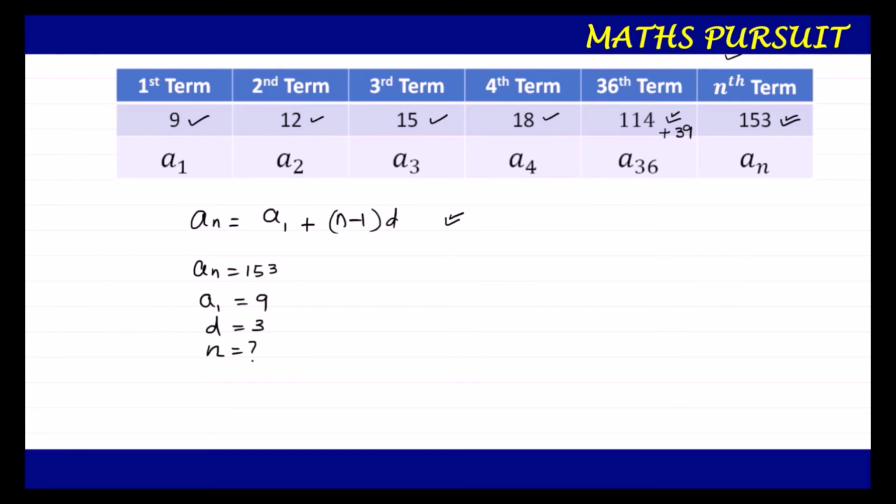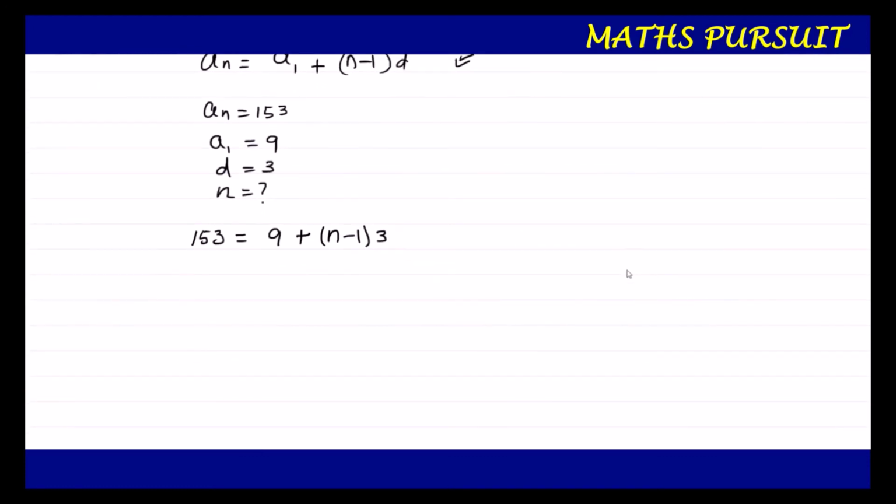So I am going to replace an with 153. So I can write 153 is equal to a1 is 9 plus n minus 1, we do not know the value of n, into d value is 3. So this is what we got. Now let us solve this particular equation. I can write 153 is equal to 9 plus 3n minus 3.